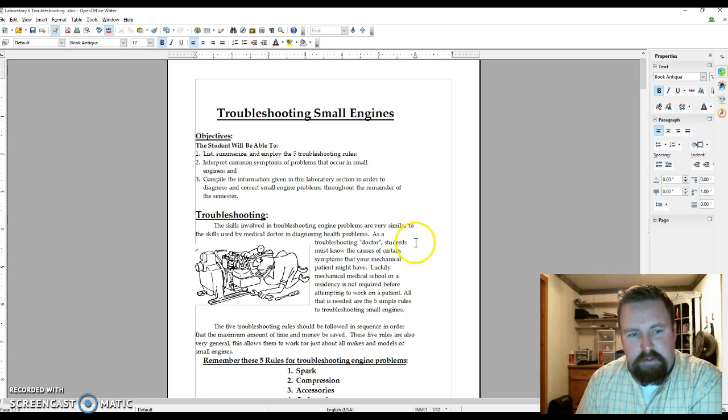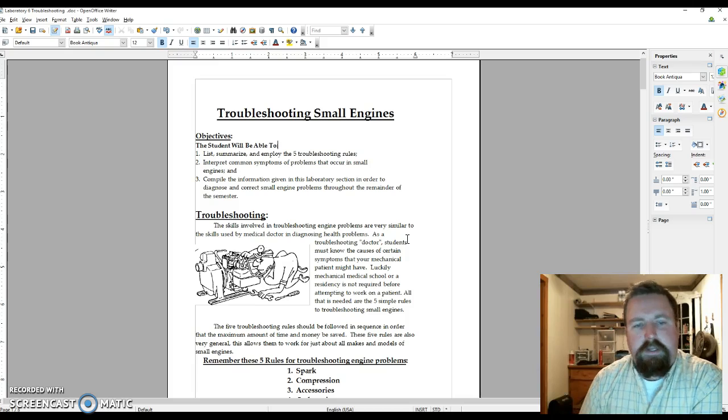Before we get started though, one of the things I want to talk about is troubleshooting an engine starts when you go to start it up with the very basics. Each time we start an engine, there are two things that I'm always going to do, and that is check for fuel and also check for oil.